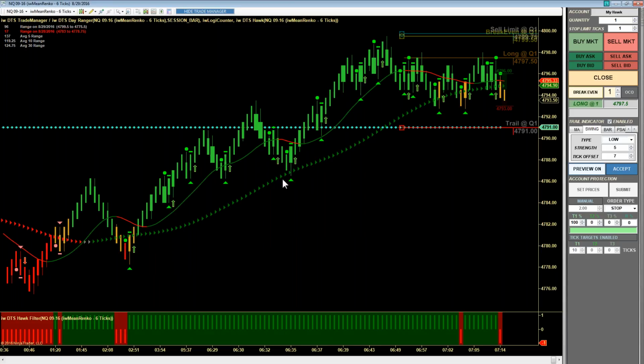The safer play is to leave your stops down here below this morning's open.